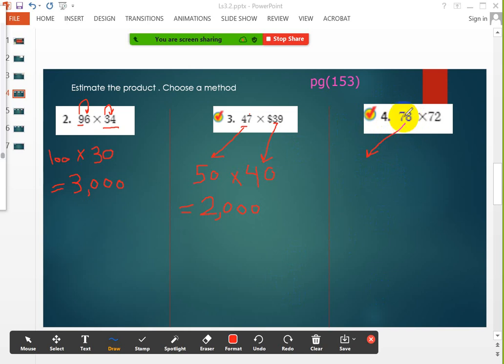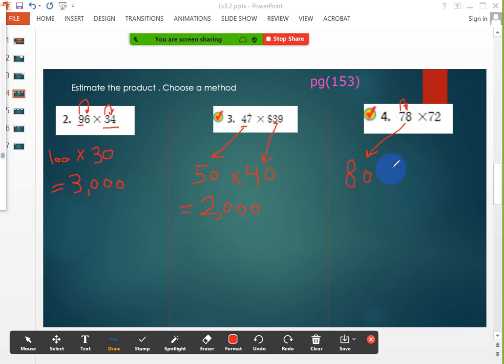This is the tens digit, right? Before the tens digit, I have 8. 8 is greater than 5. That means I will add 1 to the tens. So it will be what? As you said, it will be 80.